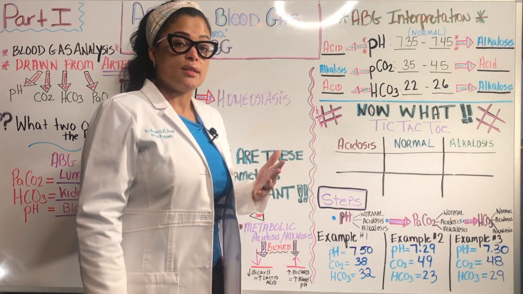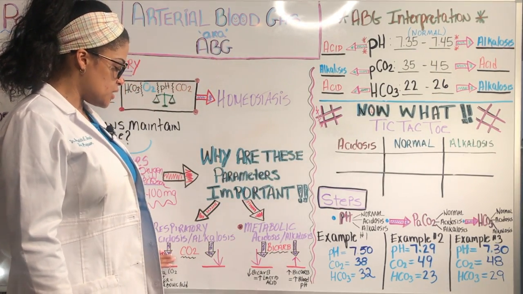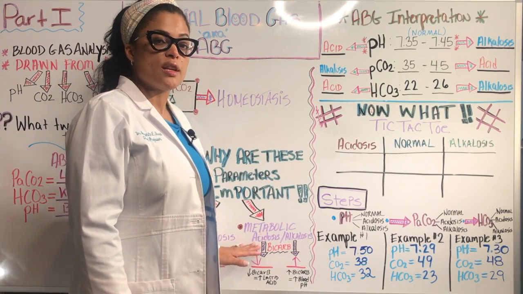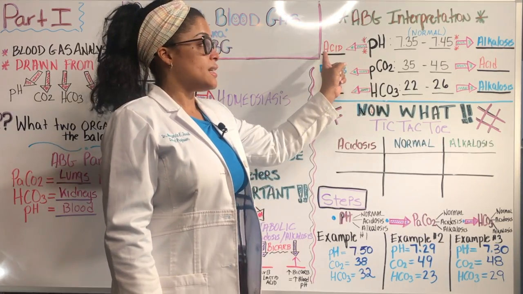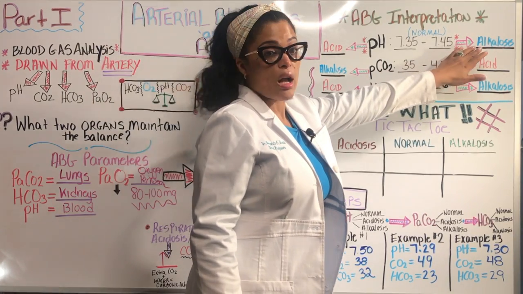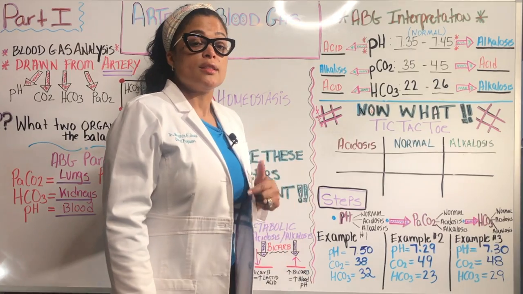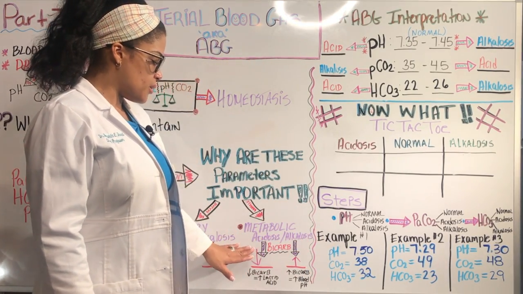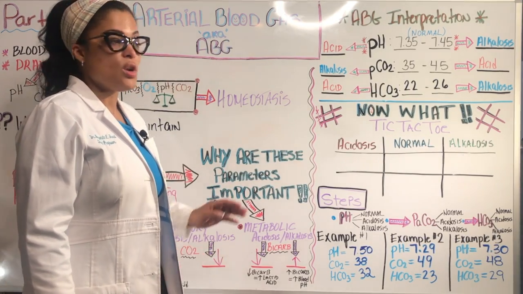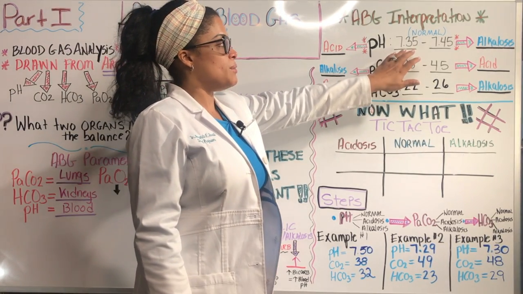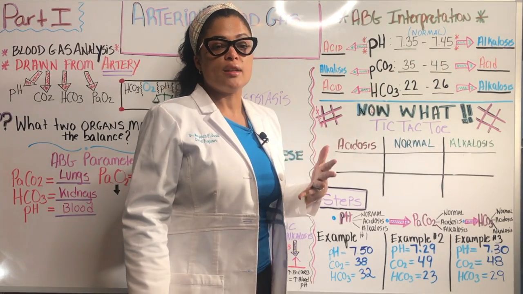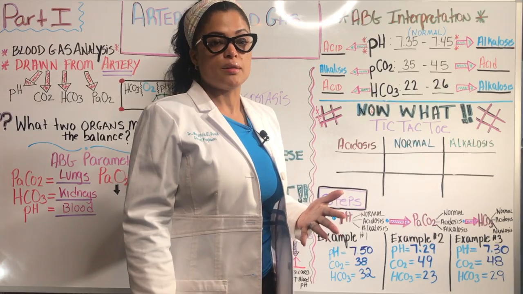Because when it is respiratory acidosis or alkalosis or metabolic acidosis or alkalosis, the pH is either acidic or alkaline. But when it is fully compensated, not only do you have the help of either the bicarb or CO2, but now the pH is between 7.35 and 7.45. That is what full compensation means.